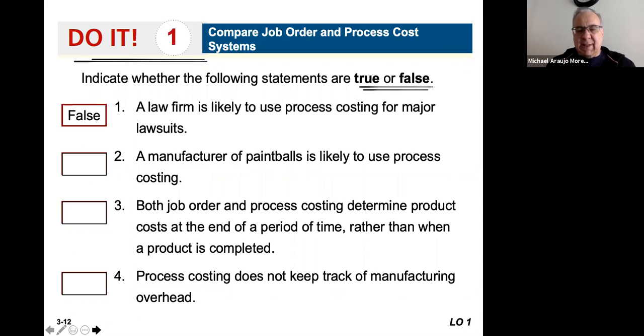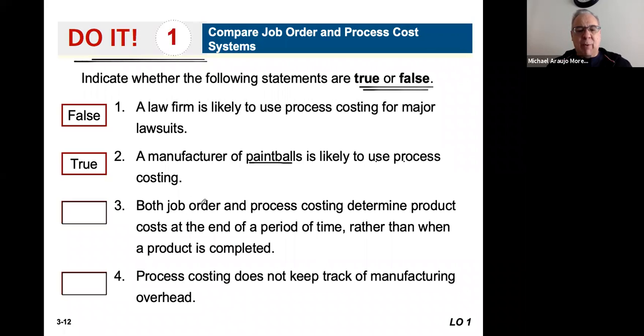Well, that's not true. It's going to be very specific. So they're going to probably use a job order cost system, not a process cost. A manufacturer of paintballs is likely to use the process cost system. So if all they're spitting out is paintballs, then chances are that works better for them.